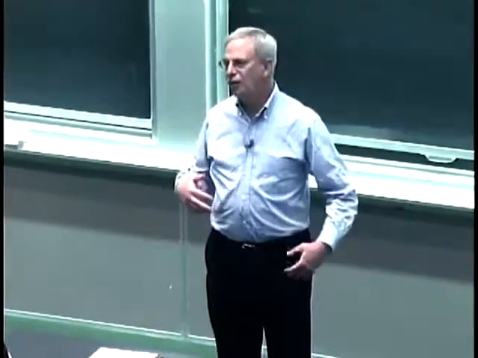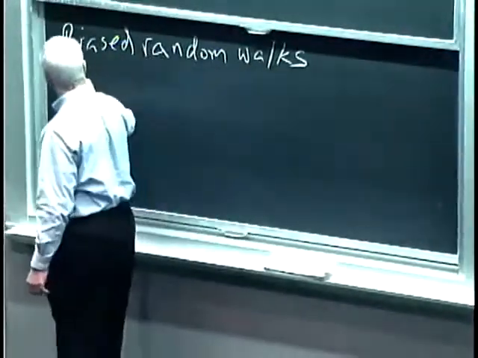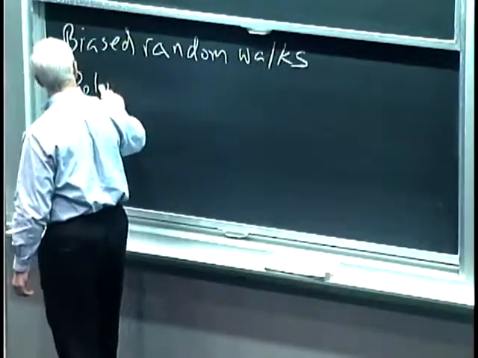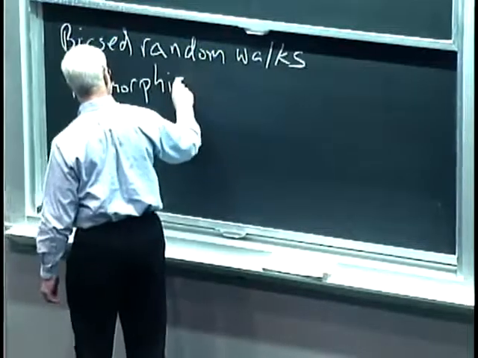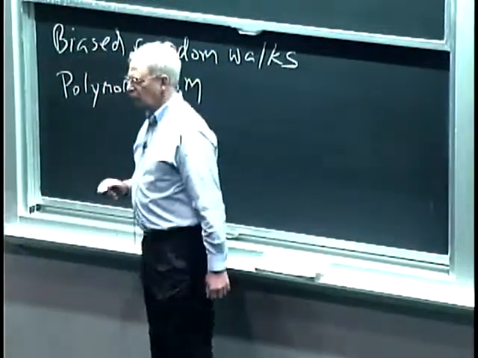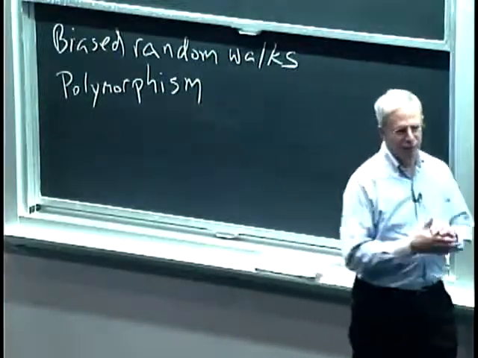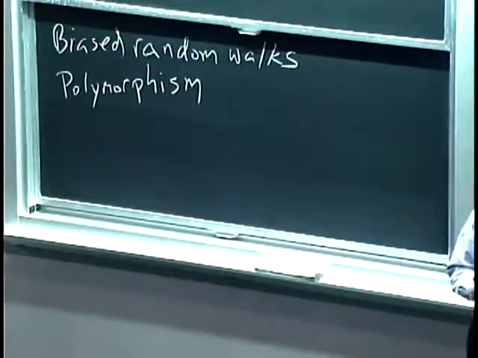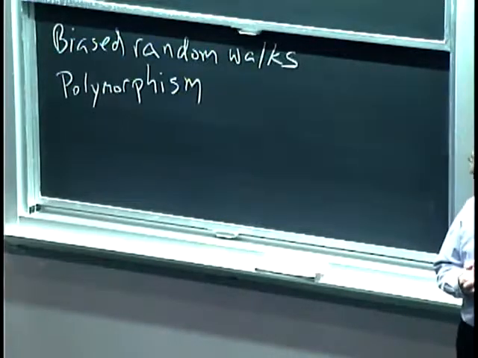This is a very common kind of programming paradigm. We've talked about it before, but this is yet another example of how we use polymorphism. We write our code in such a way that it works with many types of objects. Here we're writing code that will work with any subtype of drunk.